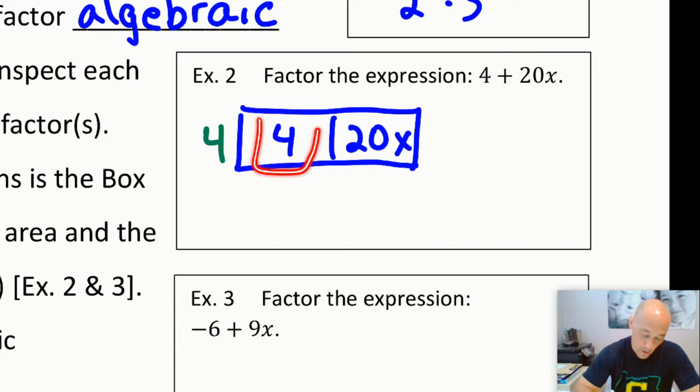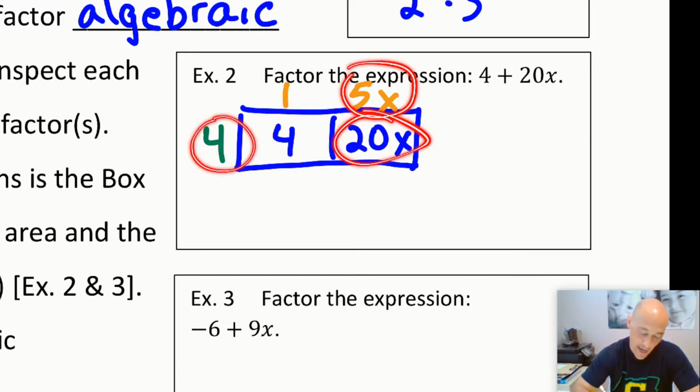Now, 4 divided by 4 is 1. Let's do that in a different color. 1. 20x divided by 4 is 5x. So we can see that 4 times 1 is 4, and 4 times 5x is 20x.